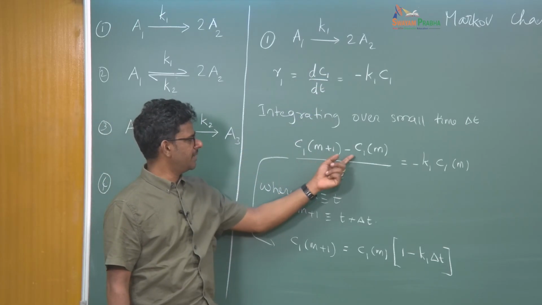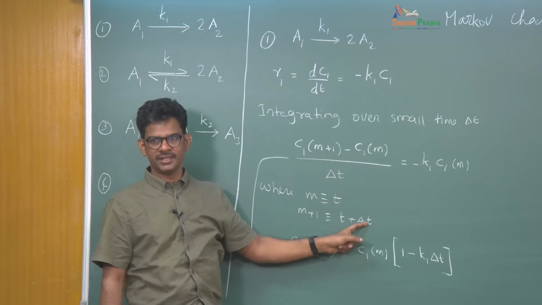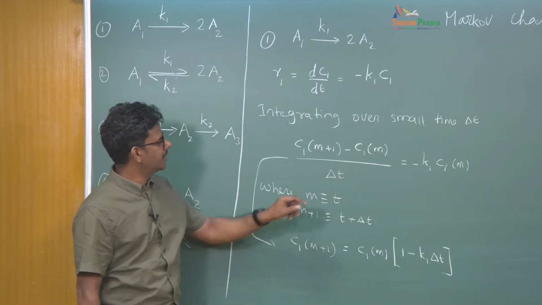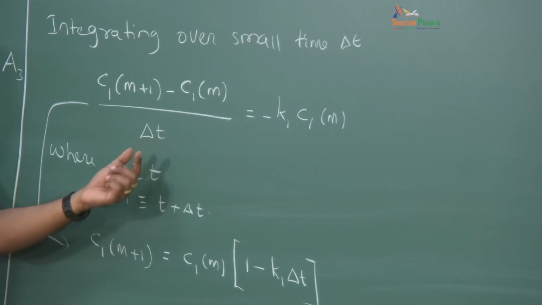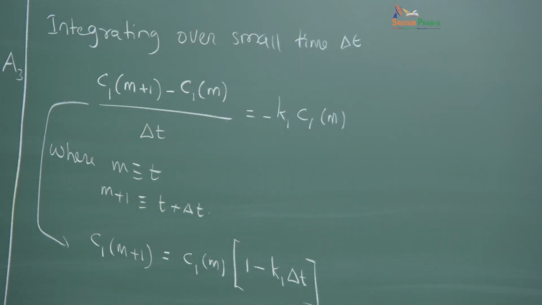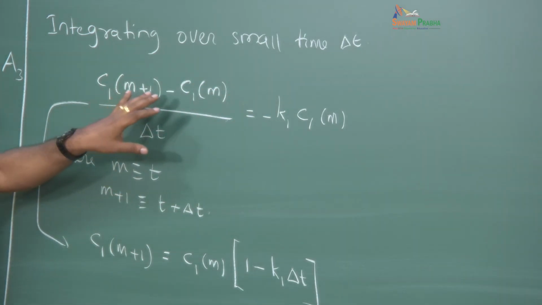This can now be written as C1 at m plus 1 minus C1 at m, divided by delta t, where m plus 1 means t plus delta t and m means t, and over this time delta t we have minus k1 C1. So now you have an expression that relates C at m plus 1 and C at m.